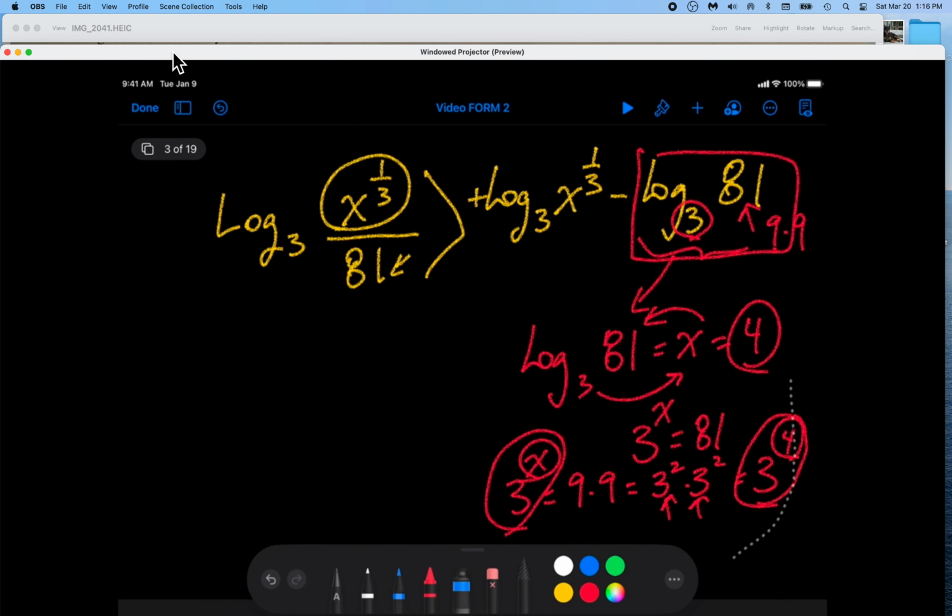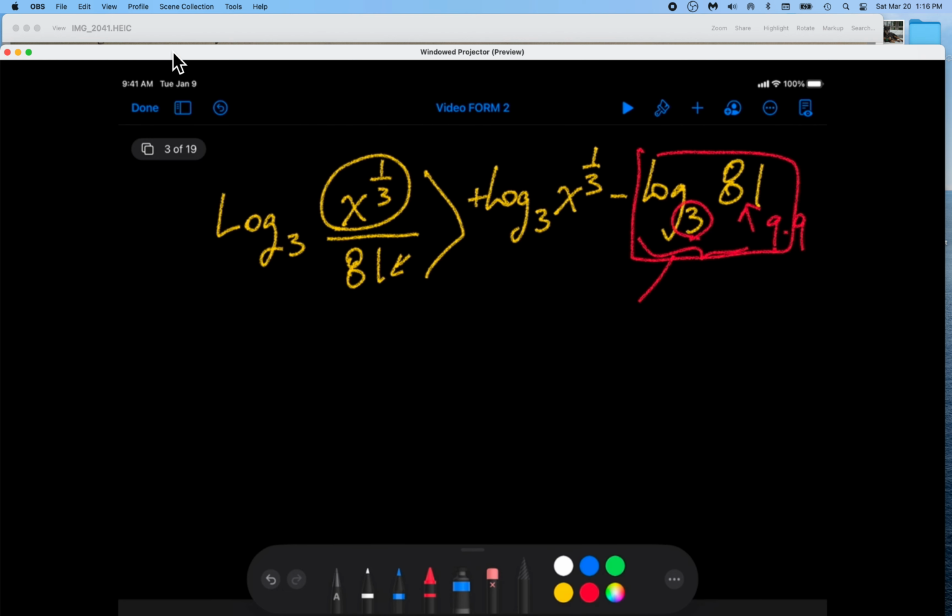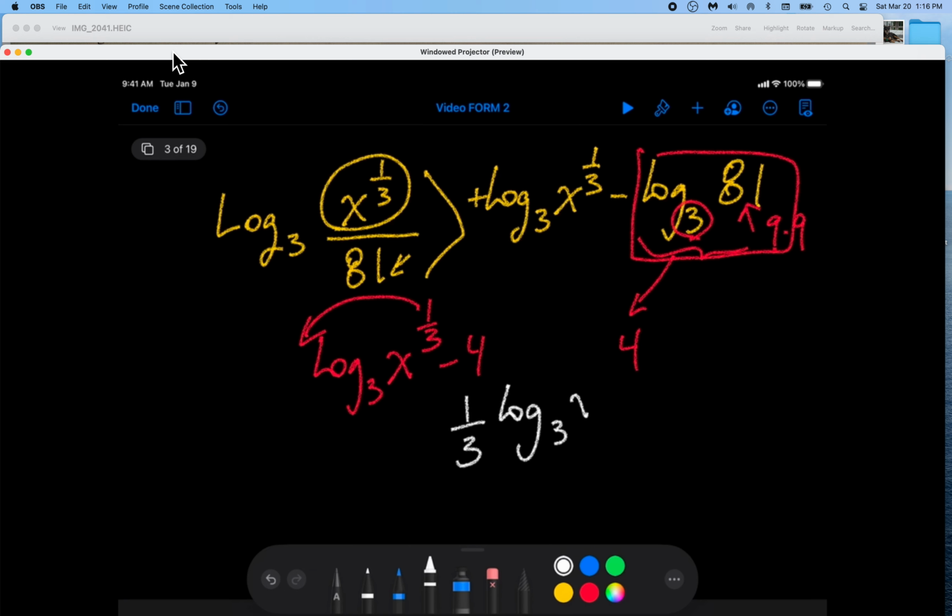Let's clean this up a little bit and replace this with 4. So now we have log base 3 x to the third minus 4, and then we can bring that out front. Final simplified answer is going to be log base 3 of x minus 4.